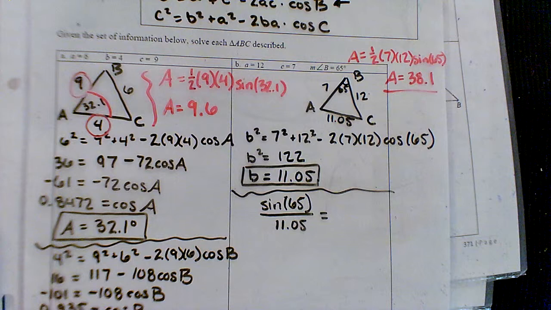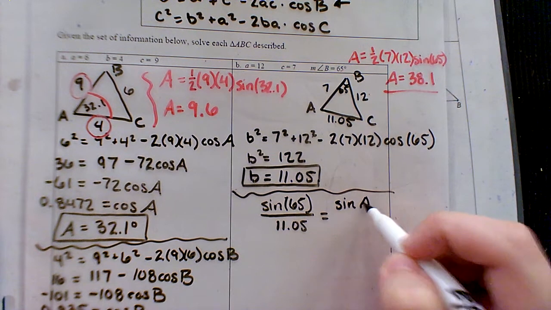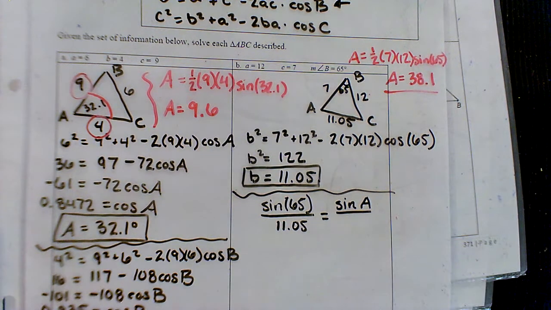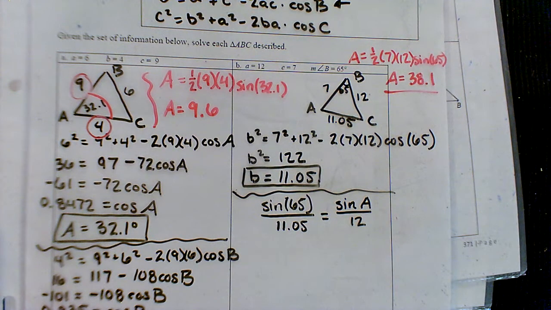If we're going to try to figure out angle A, we'll go ahead and write sine of A, but we have to divide that by side A, which would be 12, the side opposite angle A. Okay, we're setting up a proportion or a ratio.